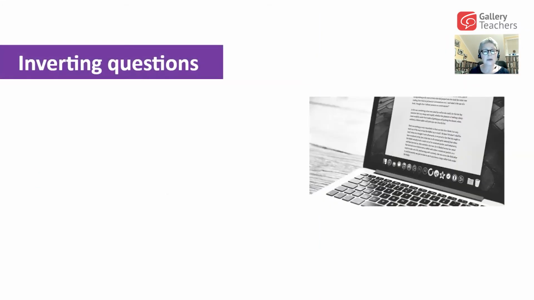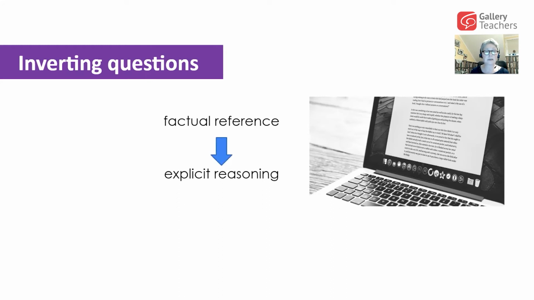Instead of asking a question that requires factual reference or remembering facts, invert it to encourage explicit reasoning. And a very good example is when analyzing a written task with clear specifications, such as, for example, in Cambridge exams. Now, it is, of course, a very good idea to check if the students see if the candidate has or hasn't completed the task.